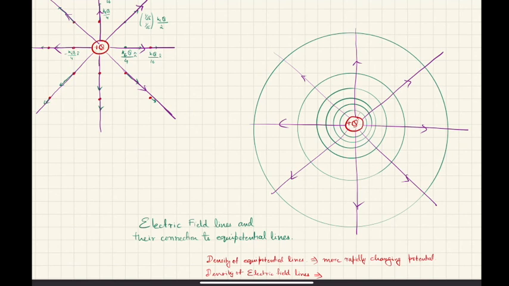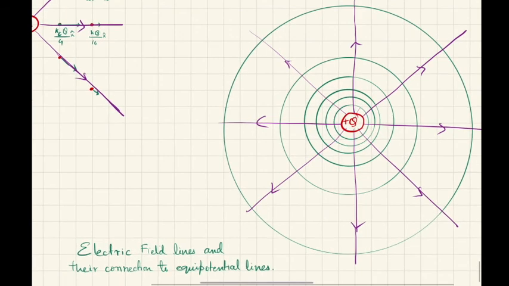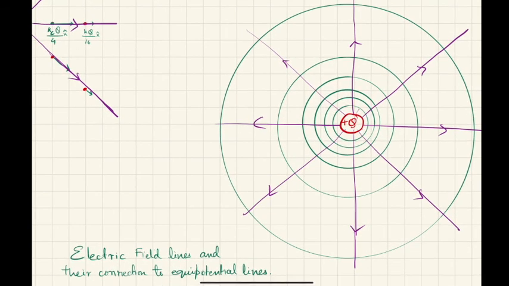In the figure for the equipotential, we see that the density of circles is much higher closer to the charge, but as I move away, the density of equipotential lines is a lot smaller. So what does that represent?